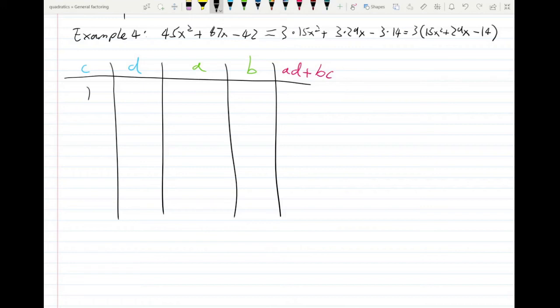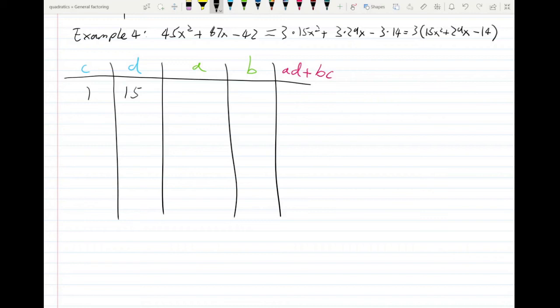Let's start with C is 1 and D is 15. Looking at the quadratic, we see that 1 of A should be negative and 1 of B should be positive because they should multiply to a negative number. Furthermore, we want the positive number to multiply out to end up bigger.